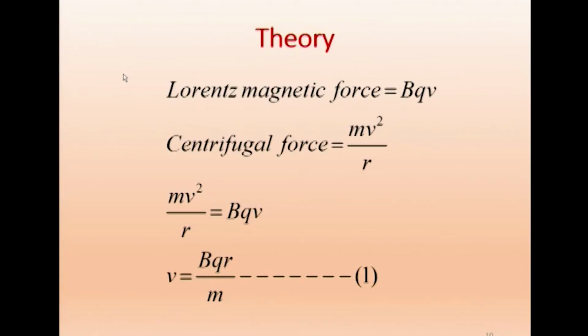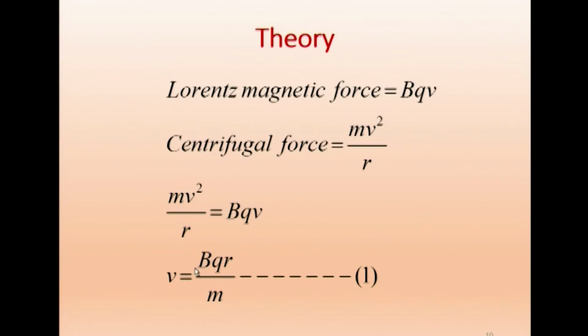See, we have the Lorentz force, which is the magnetic force that will bend the particle towards the center, that is BQV. Then we have the centrifugal force which is taking the particle away, mv squared by r. Even in elementary school we have studied the centrifugal force mv squared by r. Now these two must be equal. So I am equating mv squared by r equal to BQV.